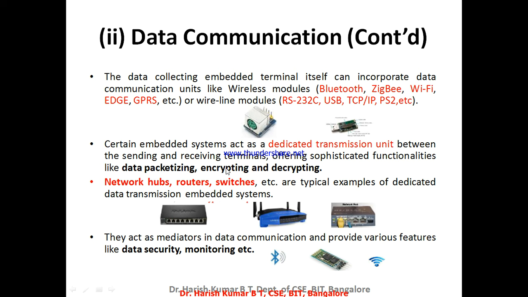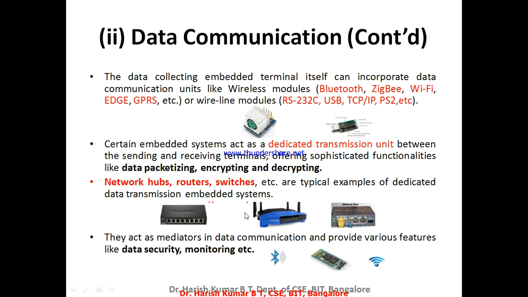Encrypting, decrypting. These are the things that an embedded system acting as a mediator between the sending and the receiving terminal will do: encrypting the data, decrypting the data. You'll be discussing more on these in the networking subject, and here I hope it's not required in much detail. That is enough. And these are a few embedded systems which assist in the data communication.